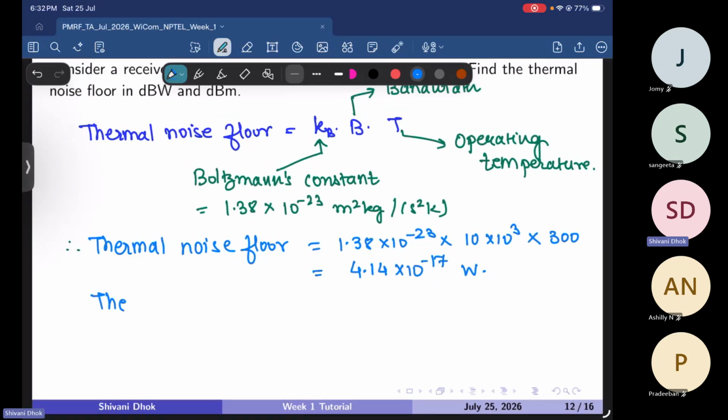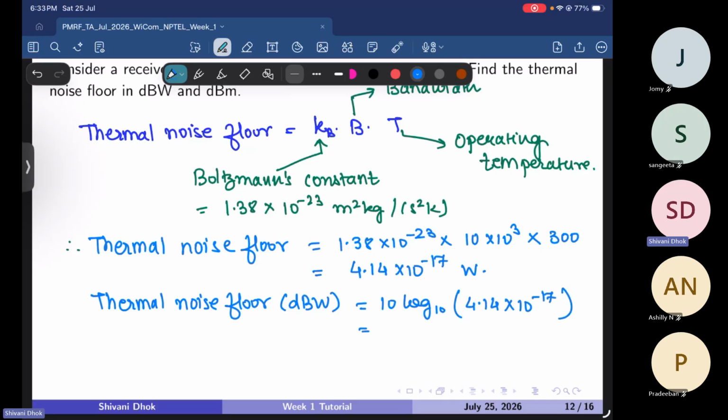So thermal noise floor in dBW is 10 log to the base 10 of 4.14 into 10 raised to minus 17, and this comes out to be equal to minus 163.83 dBW.